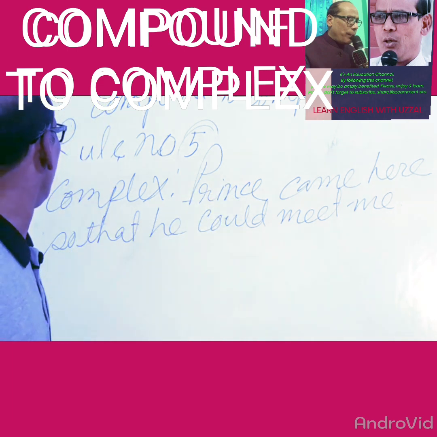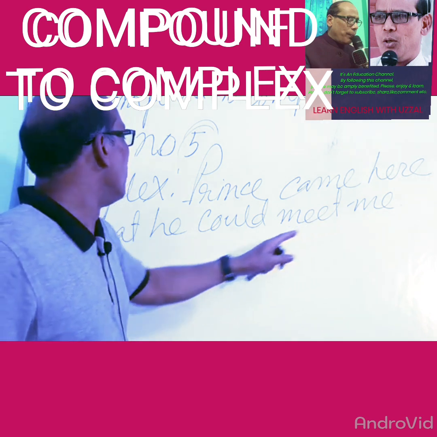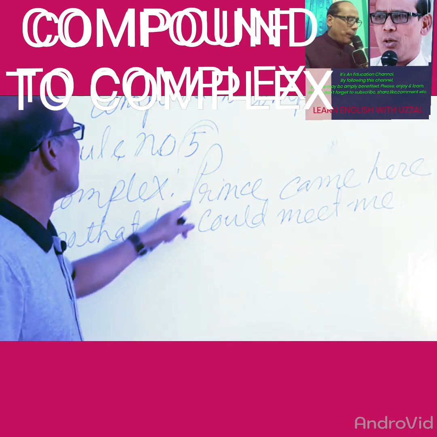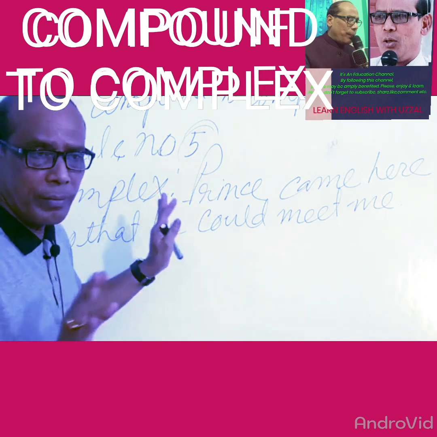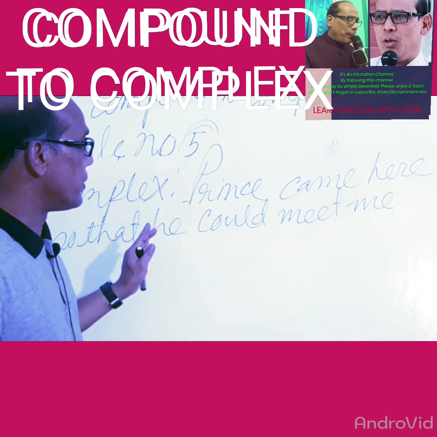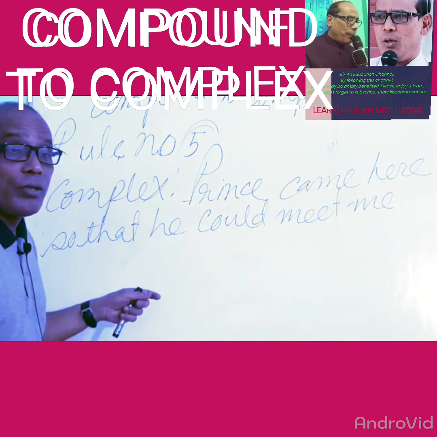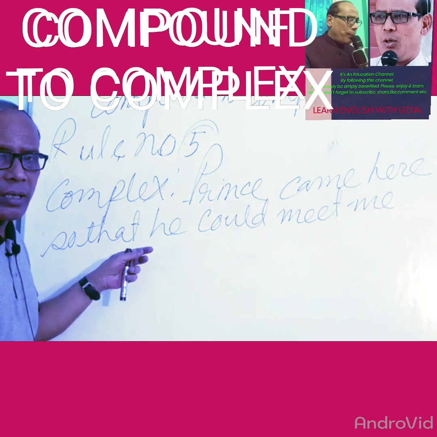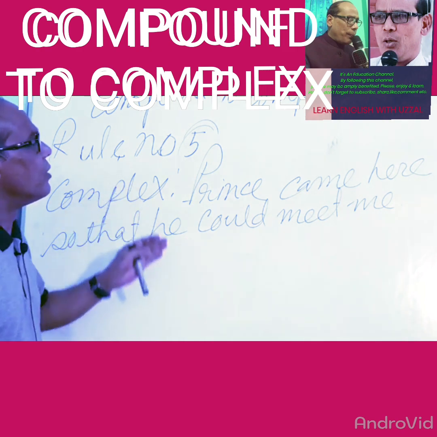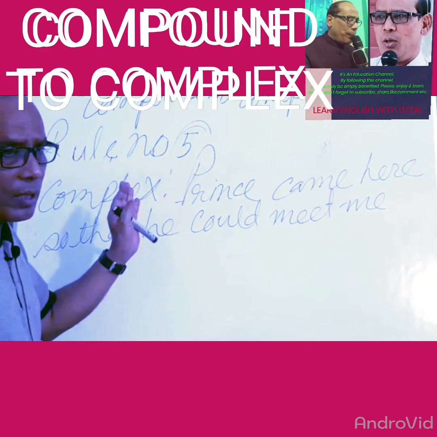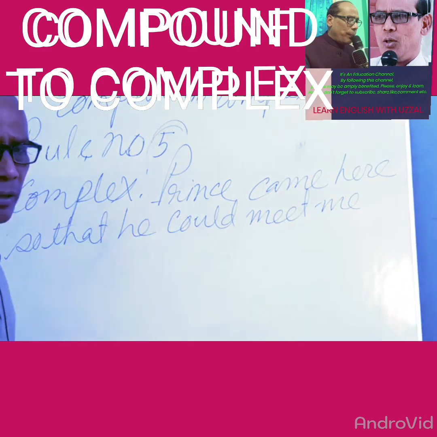Prince came here so that he could meet me. Both the subjects indicate the same person, the same man. But in the case of compound, we can keep one subject silent in the second clause after "and".